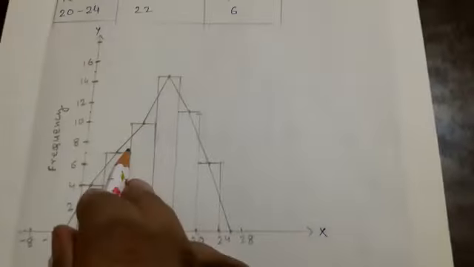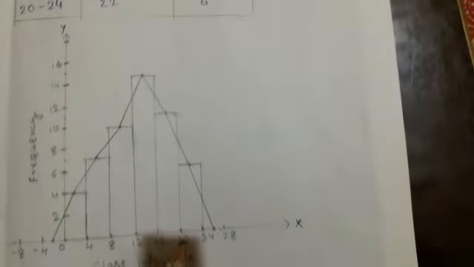Next 4 to 8, what is the frequency? 7. We will make a new rectangle here. Next 8 to 12 it is 10, and 12 to 16 it is 15. Next 16 to 20 it is given 11, so till 11 we will make a rectangle. And 20 to 24 it is given 6.